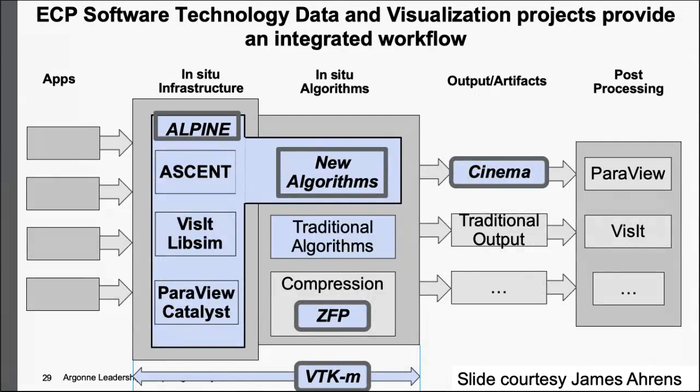In fact, there's a slide about VTK-m next, so I'm going to cover that in more detail. Continuing to the right, there's a box called Cinema, and I also have a slide for that, so I'll explain that in more detail.